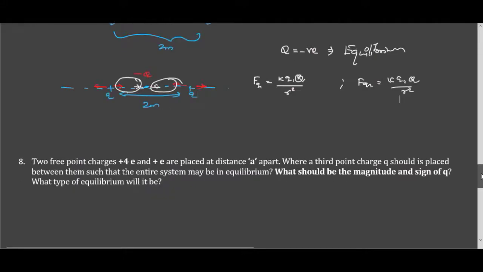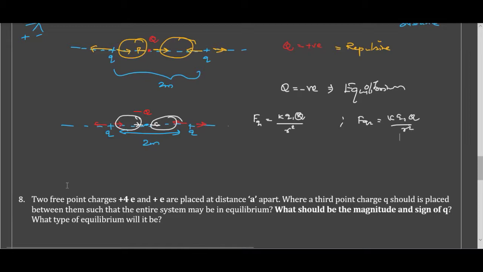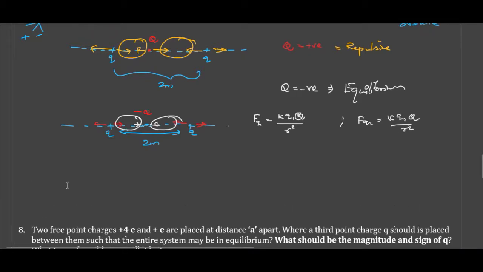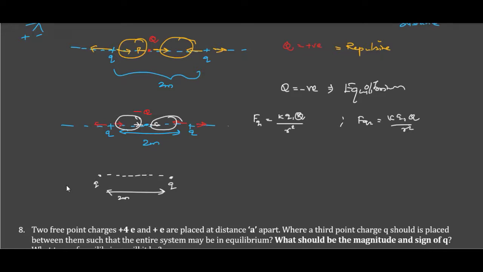So now we are going to solve for the distance. This is q. This is another q. We have the distance 2 meter. Based on this we are going to take one particular point here. This is the q I have placed at x. Based on this, the distance from the other charge is 2 minus x.